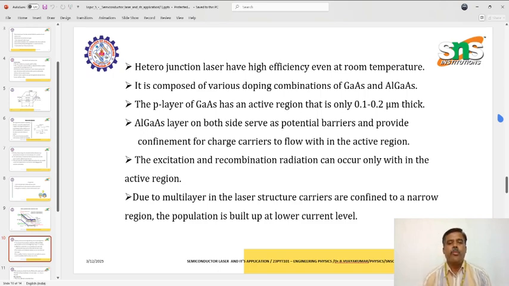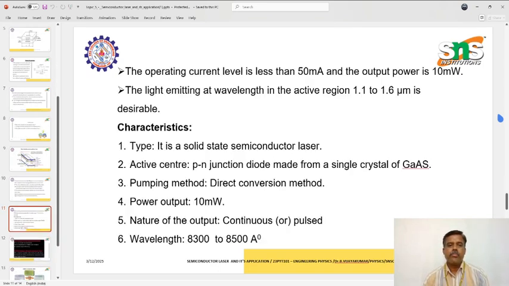Due to the multilayer in the laser structure, carriers are confined to a narrow region. The population inversion is built up at a low current level. The operating current level is less than 50 milliampere. The output wavelength is 1.1 to 1.6 micrometer.